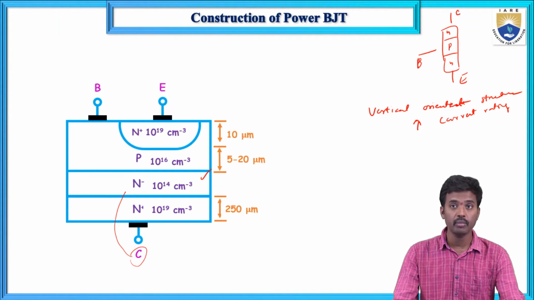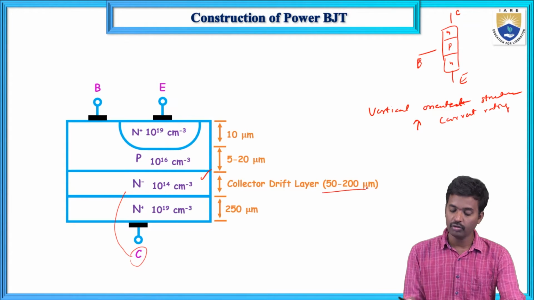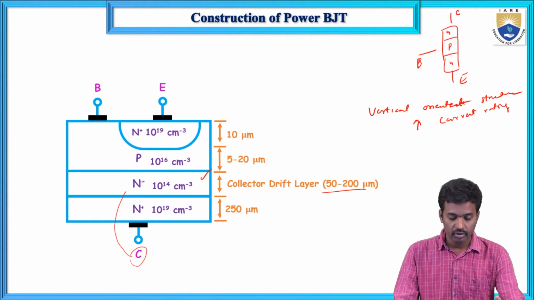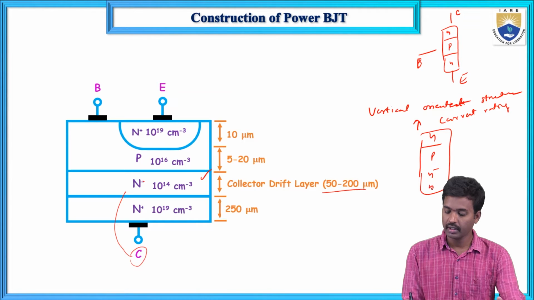This N minus layer is also called the collector drift layer. The width of the collector drift layer depends upon the breakdown voltage of the power BJT, and that is around 50 to 200 micrometer. Here we have N plus, P, N minus and N plus.